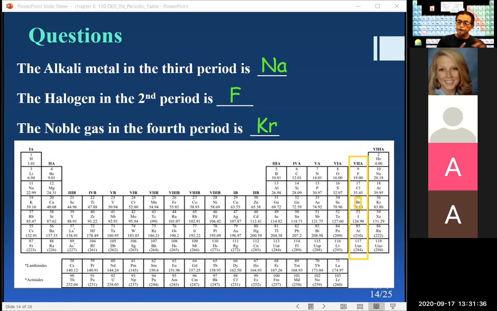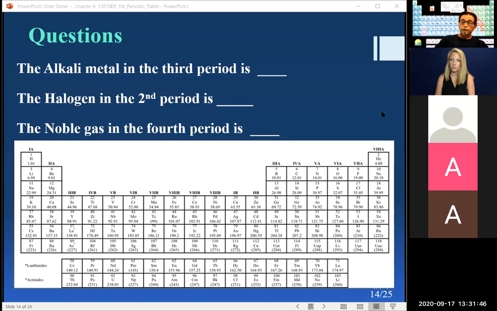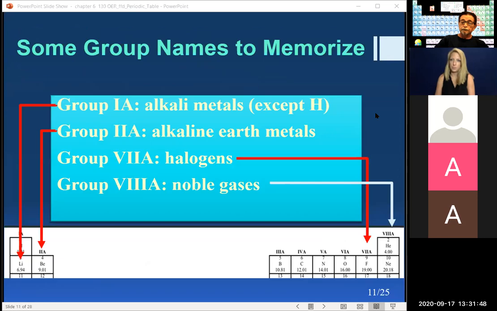Let me go back to it. Let me clear my screen. Alkali metals are in group 1, alkaline earth metals in group 2, the halogens in group 7, and the noble gases in group 8.